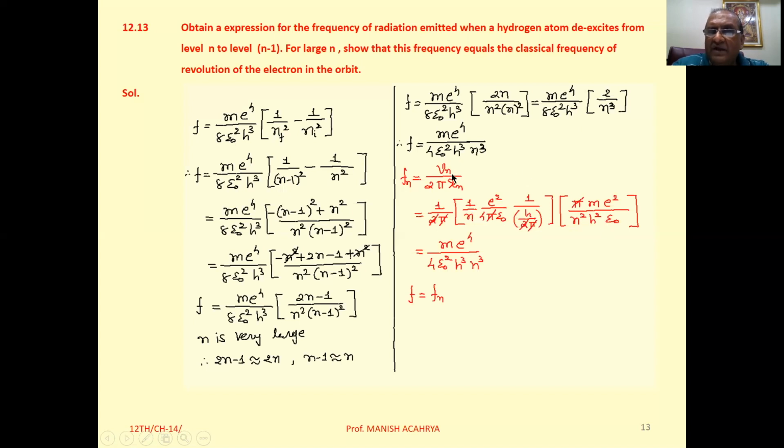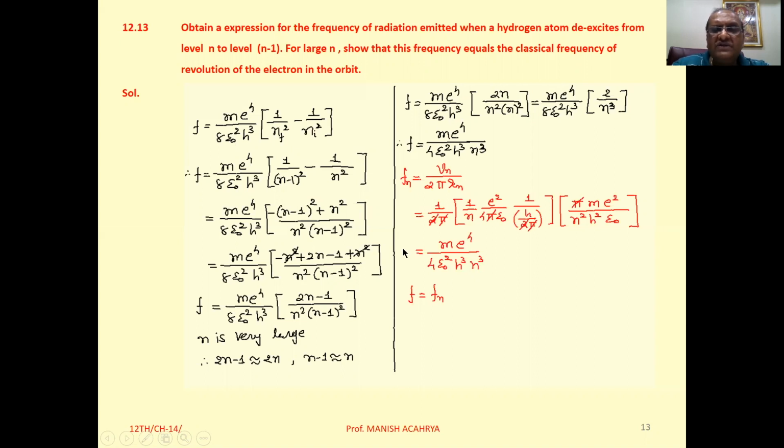And now Rn. So here if we substitute Rn, then that is n square h square epsilon 0 upon pi m e square. Now here cancel out which are cancelled. Then finally you will get the frequency equal to me^4 upon 4 epsilon 0 square h cube n cube.